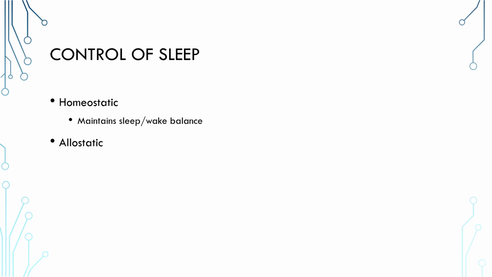And then we also have what is called allostatic. This is being able to respond to environmental stressors, and it allows a person to override the homeostatic control. We have our basic sleep and wake states, and that is homeostatic, but if something happens and you need to be awake and alert, even if it's time to sleep, your body will kick into gear and allow you to do that, and that is referred to as allostatic control.